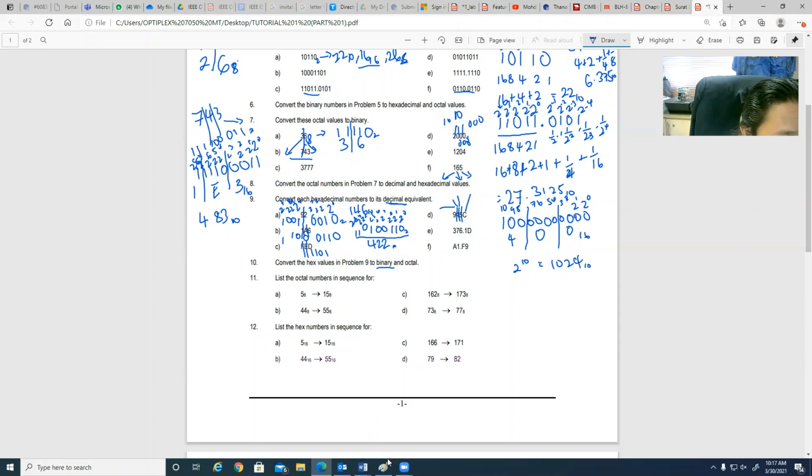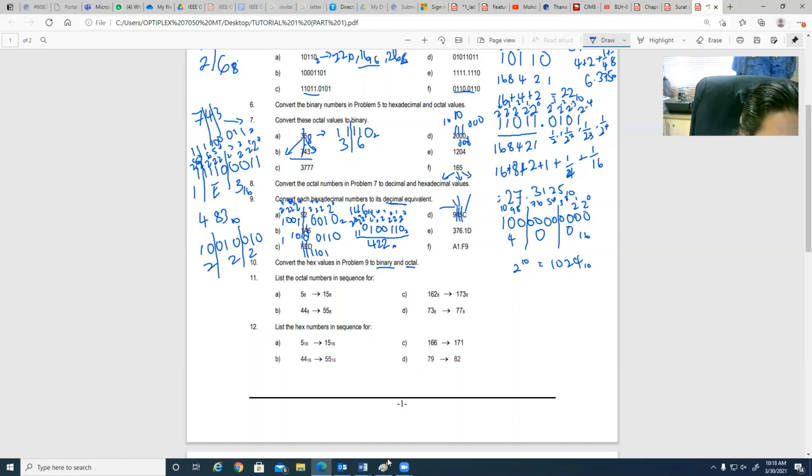Alright, so actually for question number 9, we already solved for the binary. So first, from hexa you can convert to binary, and then convert to octal. For example, I will show an example. From binary you can convert into octal by just performing the divide by 3: 1 2 3, 1 2 3. So this is 2 2 2.